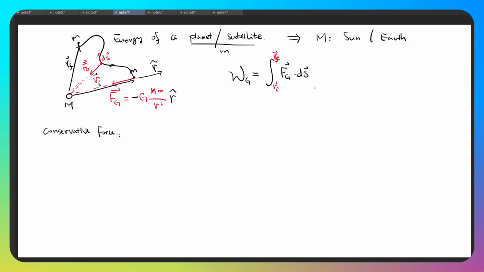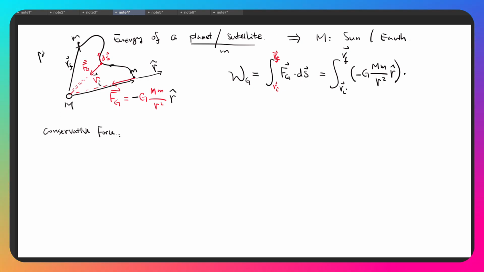All right, so now how can we perform this integral? Fg we know is given by negative G M m over r squared times r hat, and it's dotted with ds. Now to do that, I want to decompose this ds. Let me move ds to somewhere here.